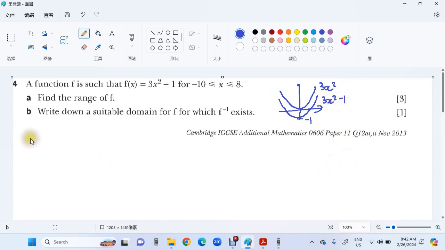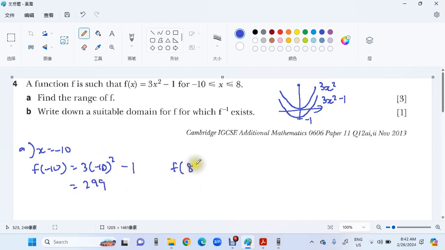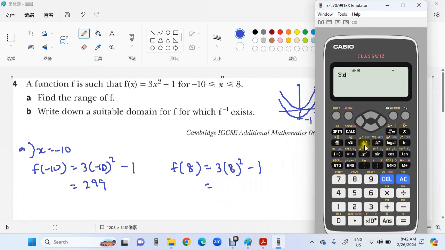We know that when x is equal to negative 10, f of negative 10 will be 3 times negative 10 squared minus 1. So it's 299. And f of 8 will be 3 times 8 squared minus 1, which is 191.